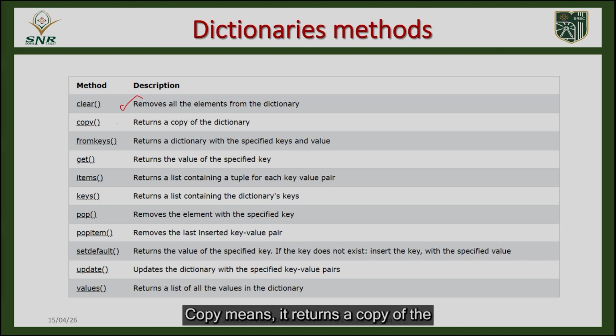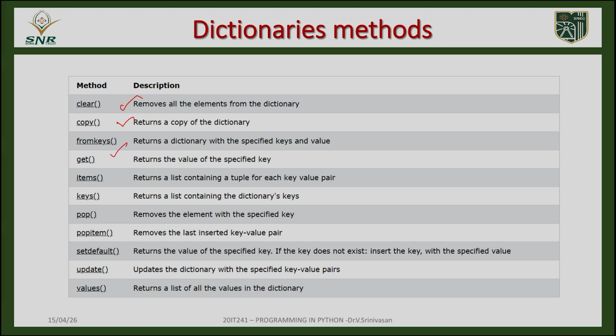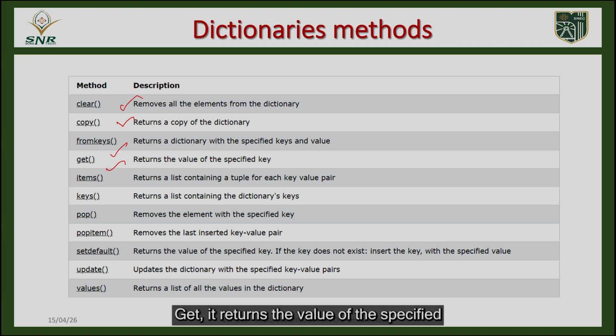Copy returns a copy of the dictionary, like the dictionary values will be copied inside another dictionary. Fromkeys returns a dictionary with the specified keys and values. Get returns the value of the specified key. Items returns a list containing a tuple for each key value pair. Keys returns a list of the dictionary's keys.